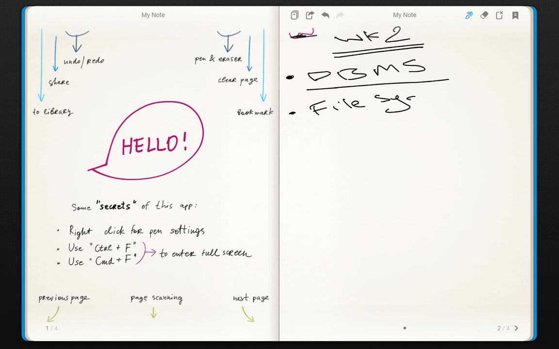I think the file system appeared in your midterm examination. So you will need to know the difference between a database management system and the file system.